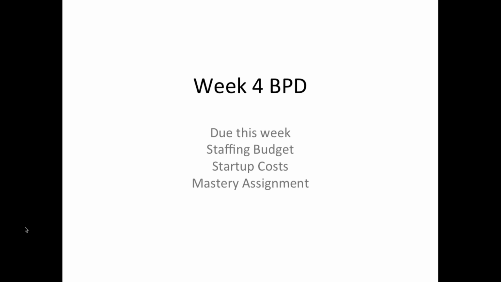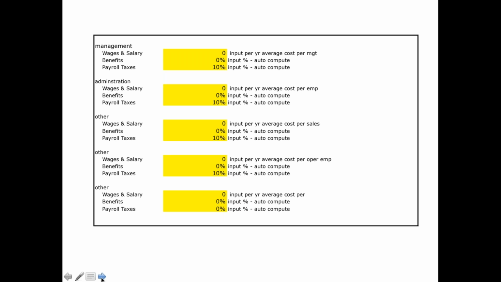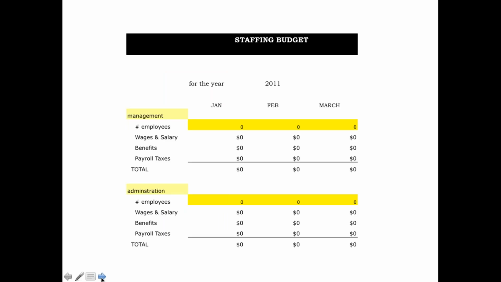The information that you have to put in here, there's two areas. There's the management. Let's go to the other one. At the upper part, just like in sales, you have to put in the job description, and you can either look these up. If you need a term, you can look them up in the Bureau of Labor Statistics if you'd like to, or you can just kind of make your own up.